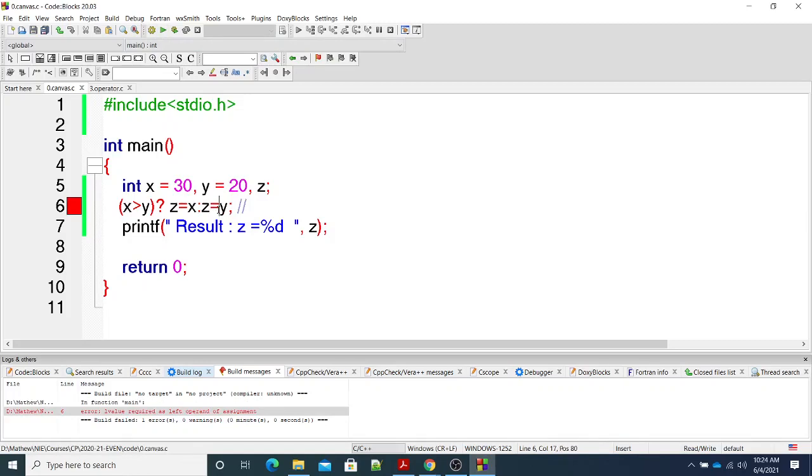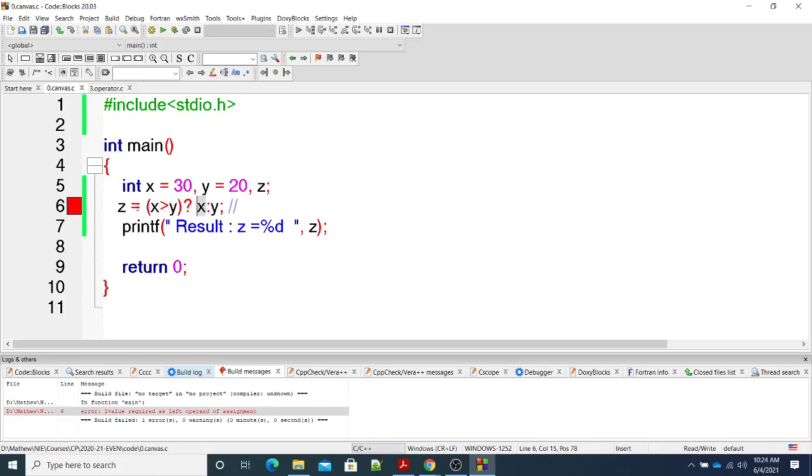Okay, some strange issue, so we will not worry about that. So instead of putting z is equal to x there, we will put z here, z is equal to x greater than y. If it is true, this will be assigned to z. If it is false, this will be assigned. So in this case, x greater than y is true because 30 and 20.